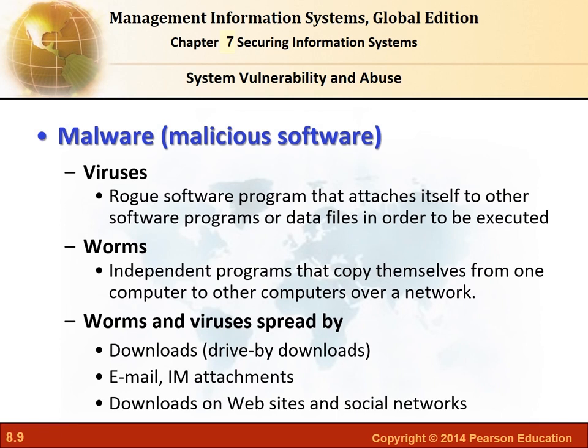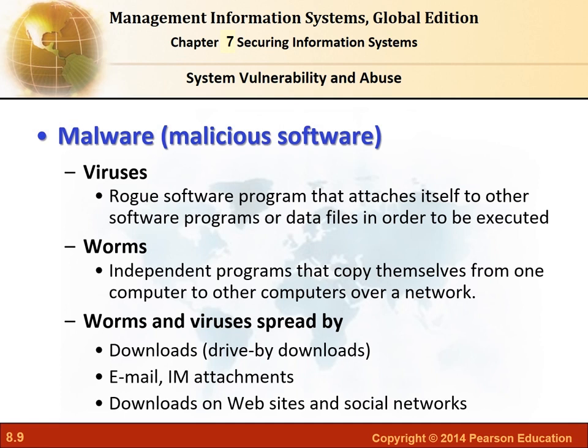This slide identifies the various types of malware that threaten information systems and computers. Have you ever had a problem with a virus? Do you know how they got infected?